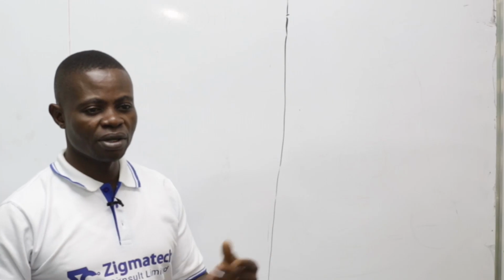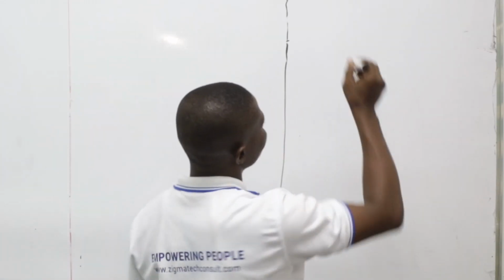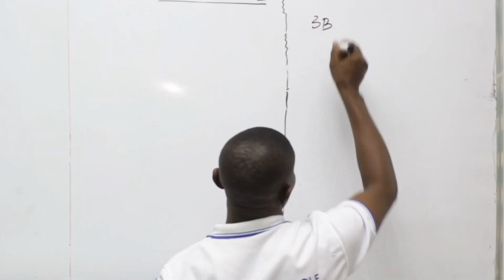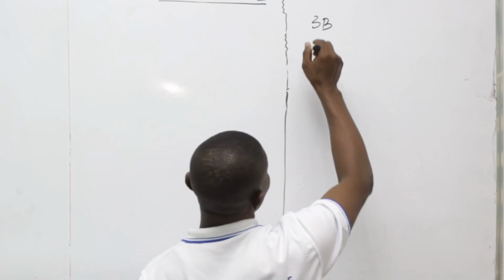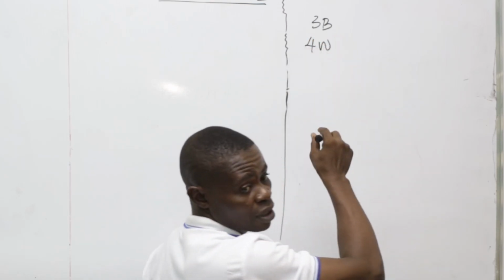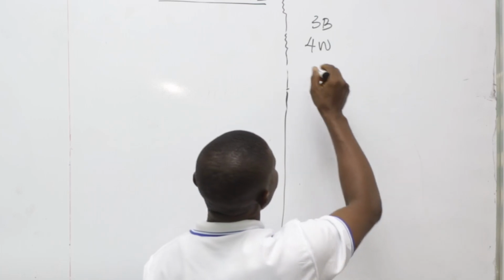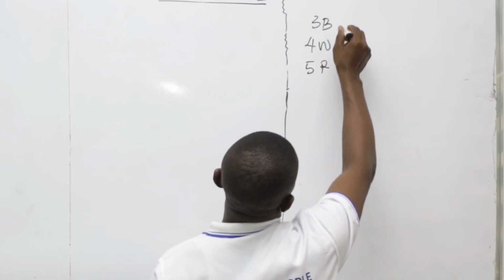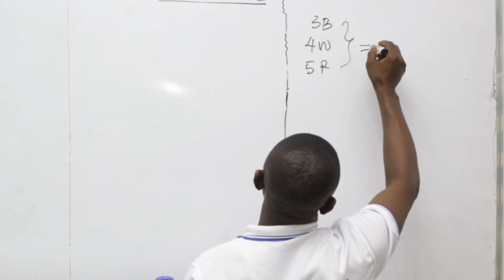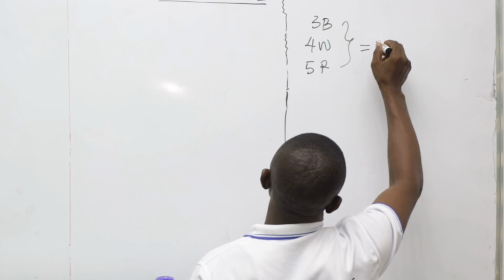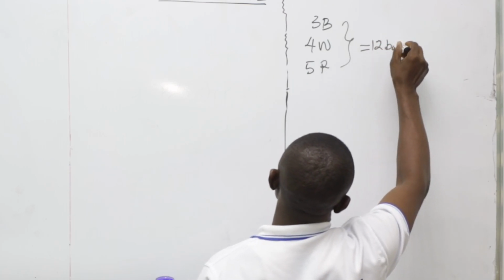So what are they? A bag contains 3 black balls. We'll have 3 blacks, then 4 white, and 5 red. So total number of balls, this plus this, is 12 balls.